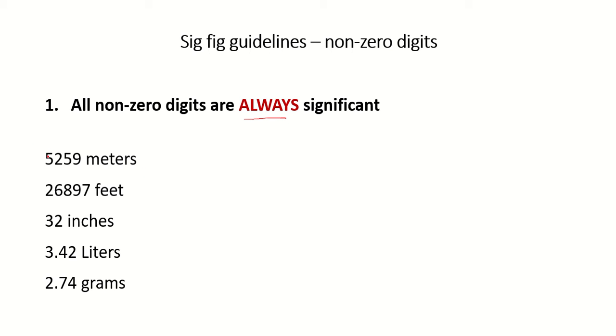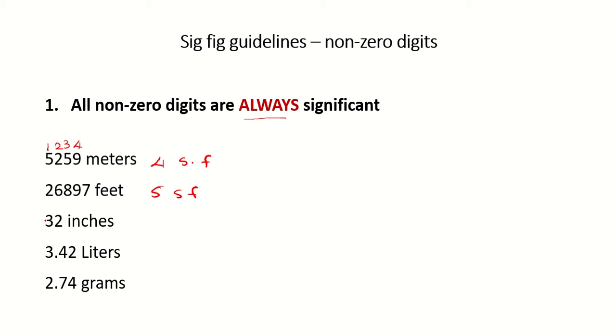The first one, you don't see any zeros. Let's count the numbers. 1, 2, 3, 4. So you have 4 sigfigs. Second one, start counting. Do you see any zeros? No. 1, 2, 3, 4, 5. 5 sigfigs. You have a measurement, 32 inches.